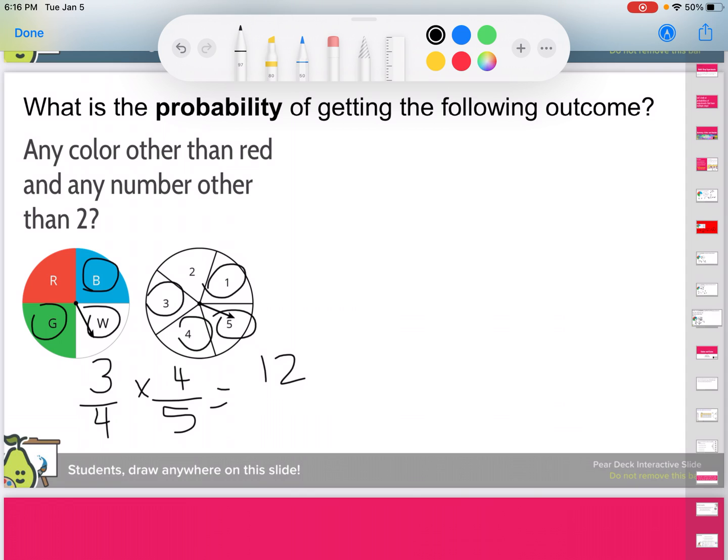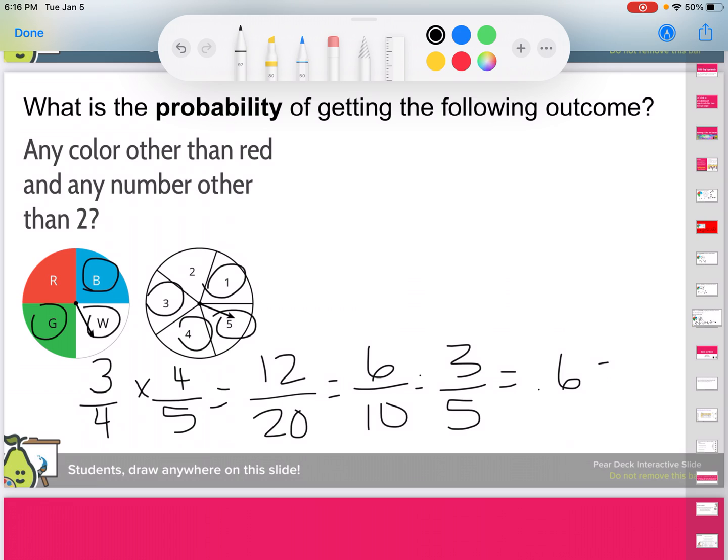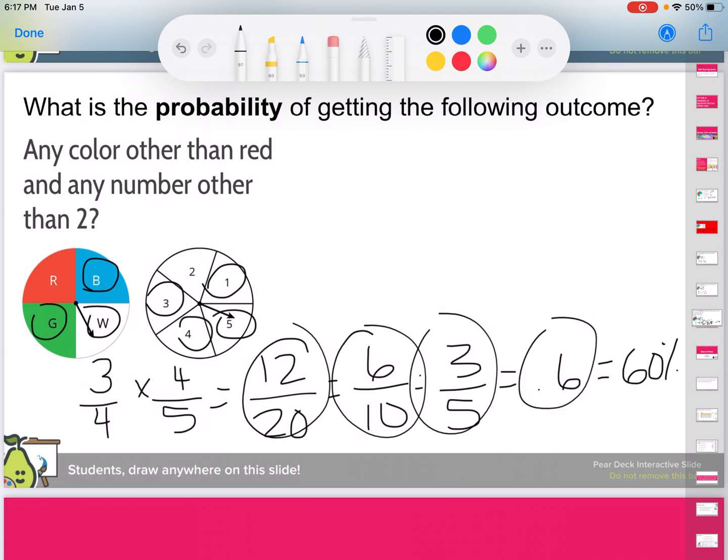So that would be 12 out of 20, which reduces to 6 over 10, or 3 over 5, which could also be 6/10, which could also be 60%. So any of those, these are all equivalent, and you have to be able to recognize equivalent percents, decimals, fractions.